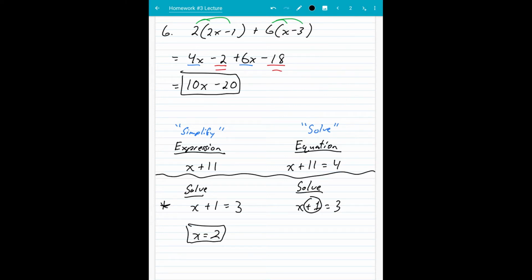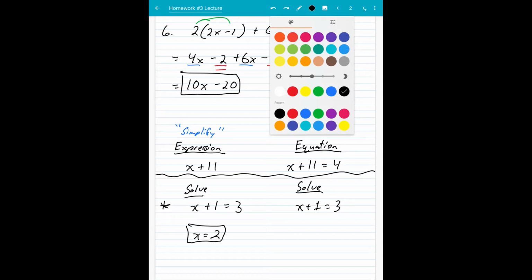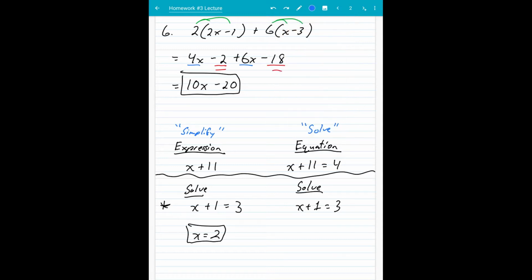So it's a plus 1. To get rid of a plus 1, what I want to do is do the opposite of the plus 1. The opposite of plus 1 is minus 1. So what I'm going to do is subtract 1 right here, because that will make it equal to 0.